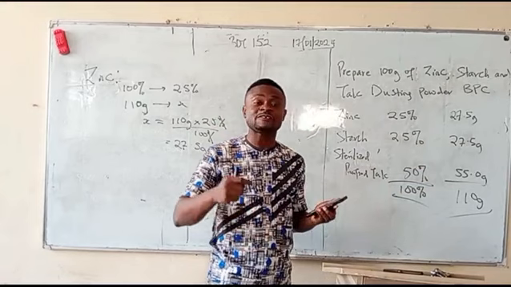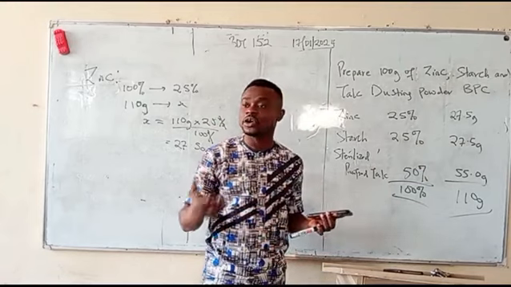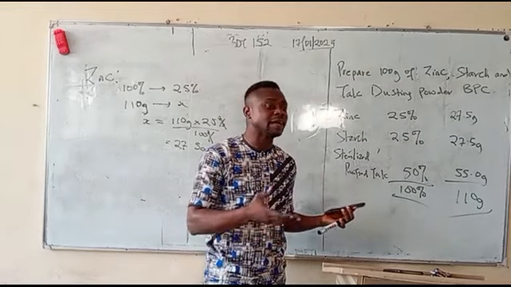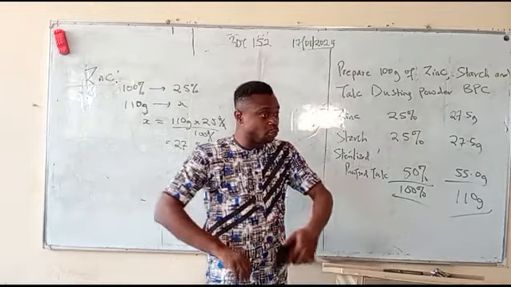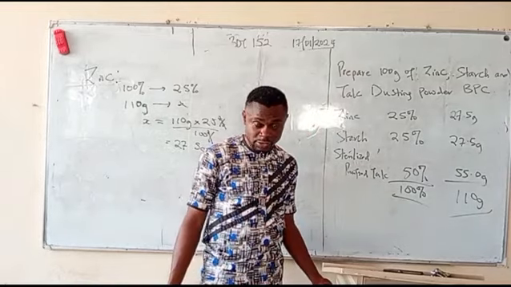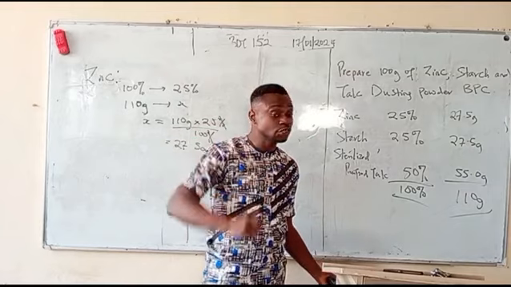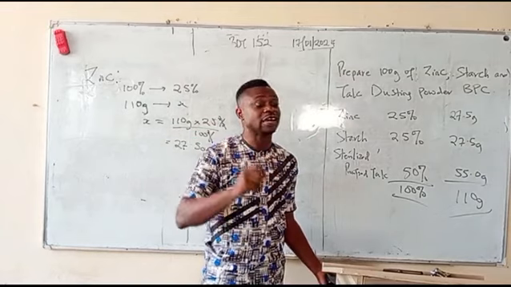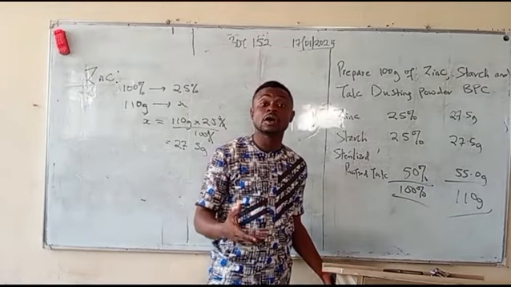So with that, you are done with your preparation. After that, you talk of how you package it, how you store it, and what type of labeling it will have. You should write apply to the body surface. Secondly, you should also write for external use. Very important.